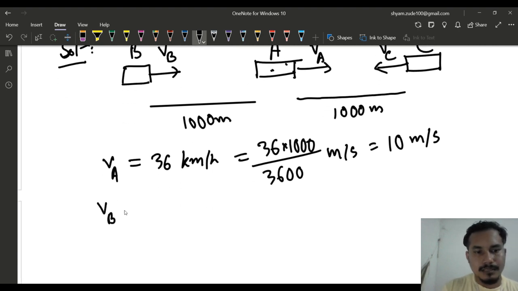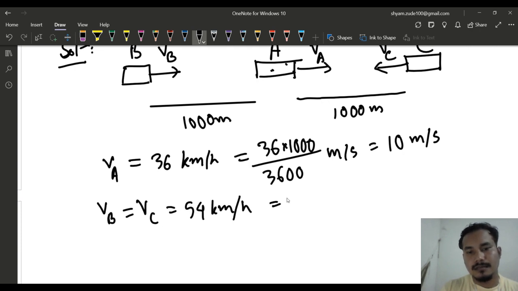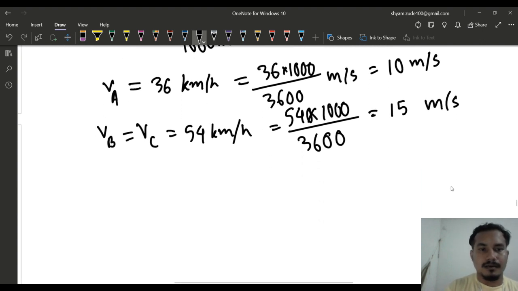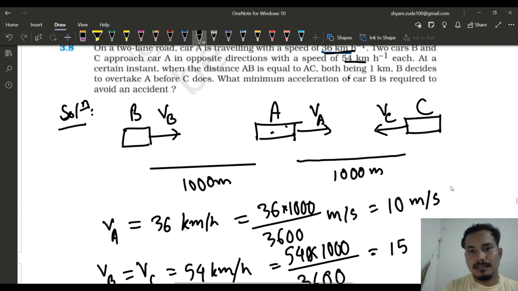And speed of B is equal to speed of C is equal to 54 kilometer per hour, which is 54 into 1000 divided by 3600, equal to 15 meter per second.